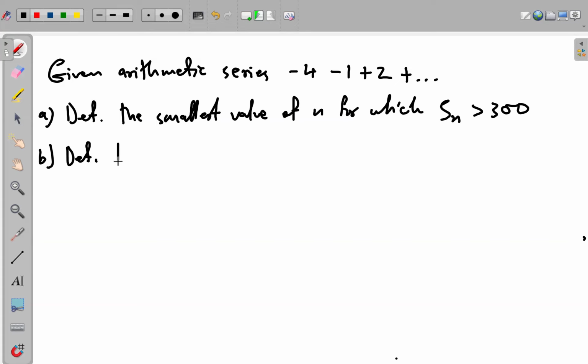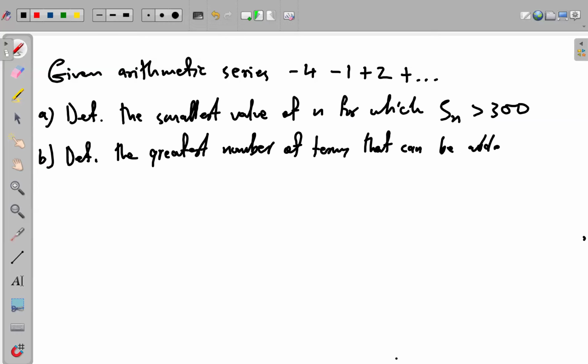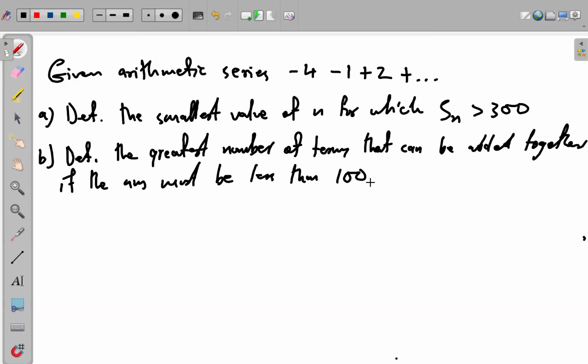Determine the greatest number of terms that can be added together if the answer must be less than 100. Very good, noble questions presented here.